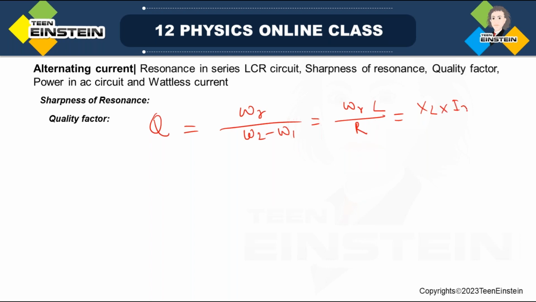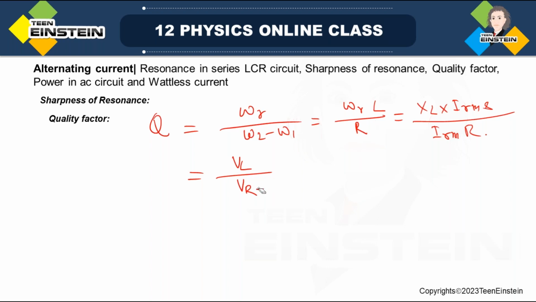If I multiply by IRMS, this divided by IRMS into R, these are actually the ratio of the voltage drop across the inductor to the voltage drop across the resistor, or the applied voltage itself, because at resonance condition VR is actually equal to the applied voltage.